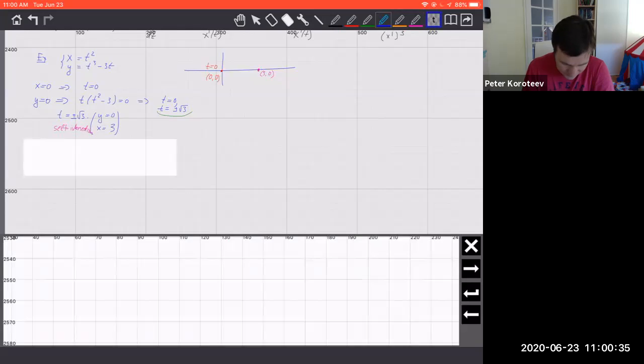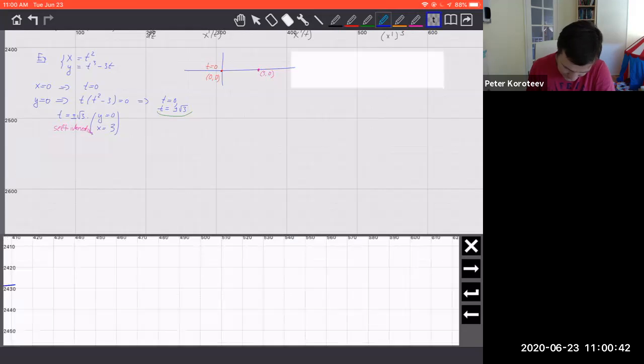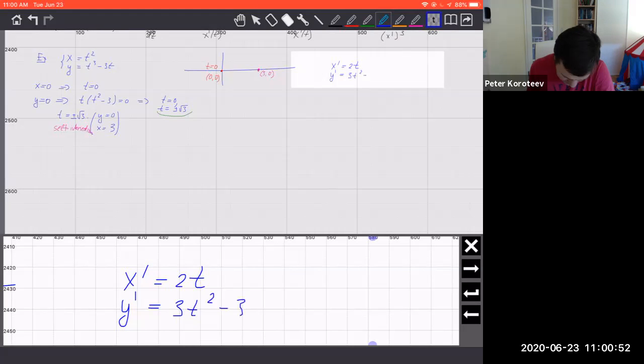Good. Now let's try to find tangent lines and sketch the graph. So x prime is equal to 2t. y prime is equal to 3t squared minus 3.